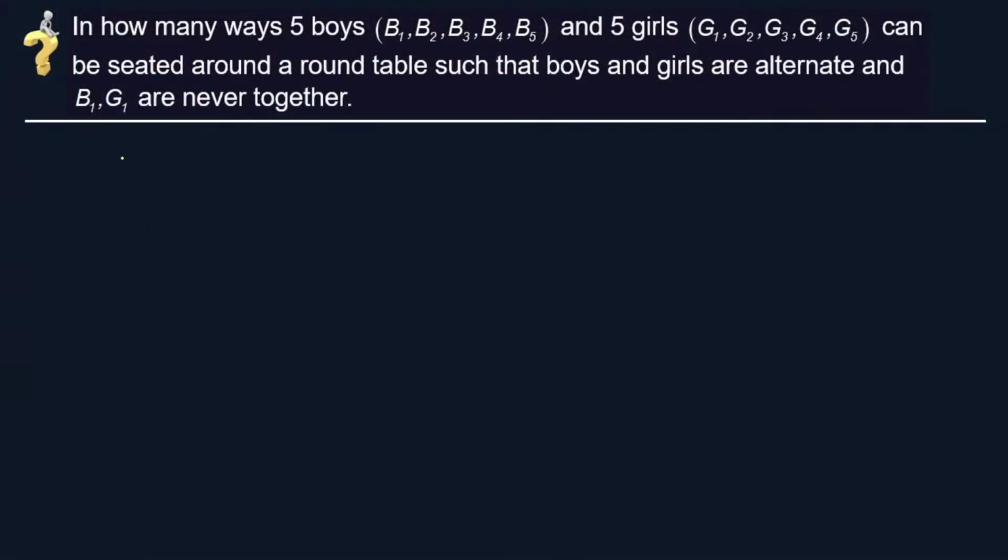So let me do one thing. Let us just close this B1 and G1 in one box. So we are left with B2, B3, B4 and B5. These are the 4 boys.